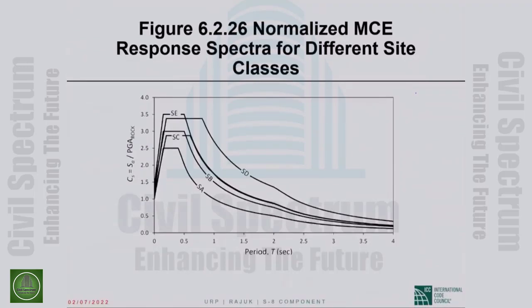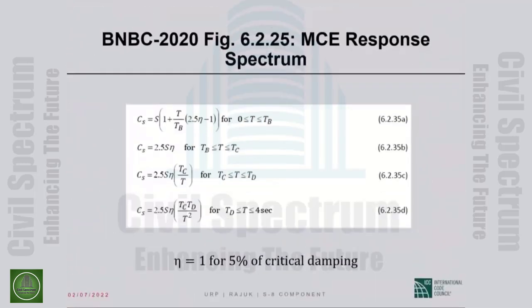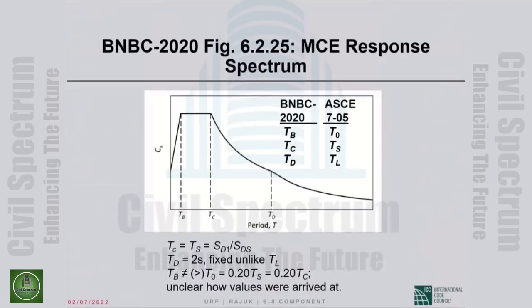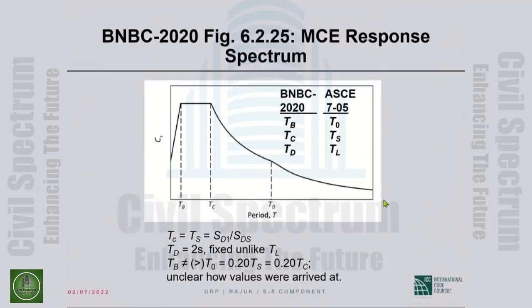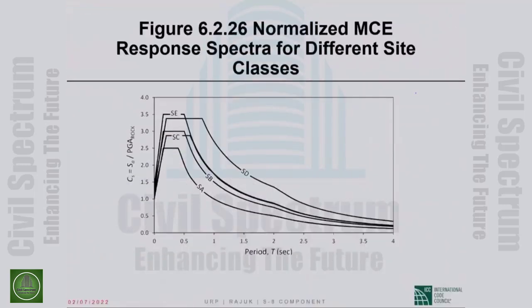Now, when you plot this spectrum for the different soil types, for each soil type, point B is defined, point C is defined, point D is defined.